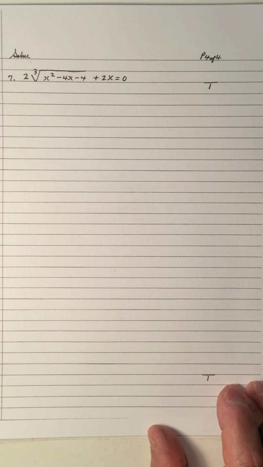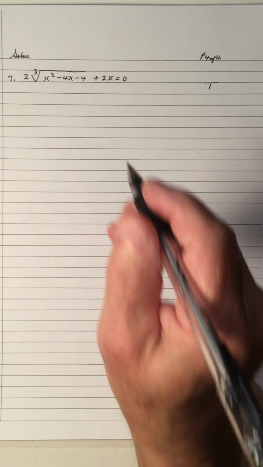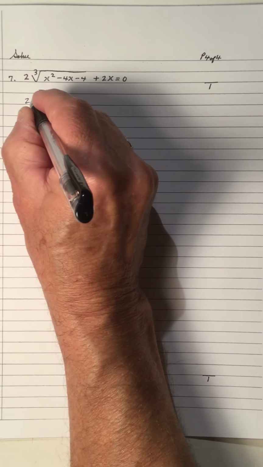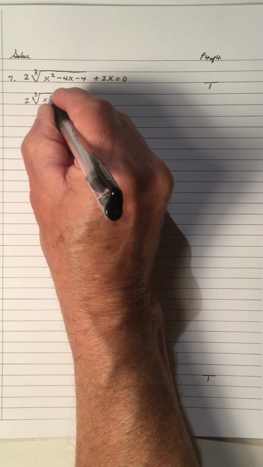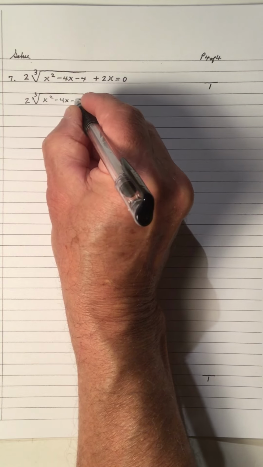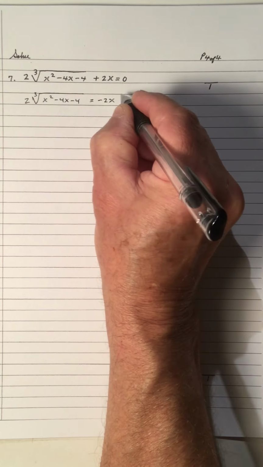And we have the last one to do. Again, we have to isolate the root. So we'll go 2 cube root of x squared minus 4x minus 4 equals negative 2x being squared.